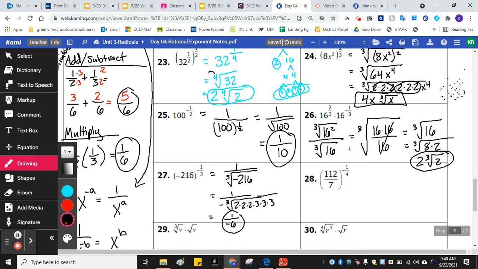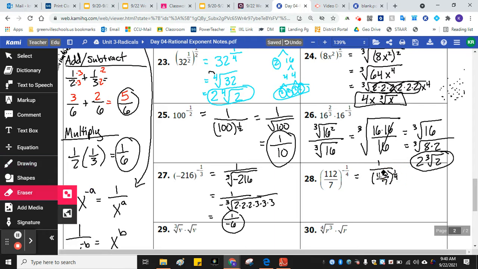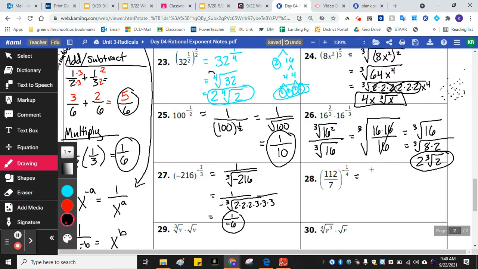All right. If this is a negative and you're raising the fraction to a negative number, you're going to put that 1 over 112 over 7 to the 1/4 positive. But instead of doing that, when you divide by a fraction, you multiply by the reciprocal. So that just means you flip it. So it's 7 over 112 to the 1/4.